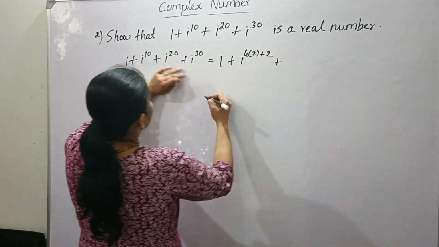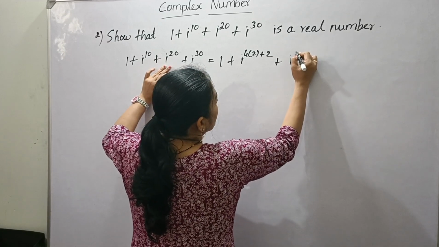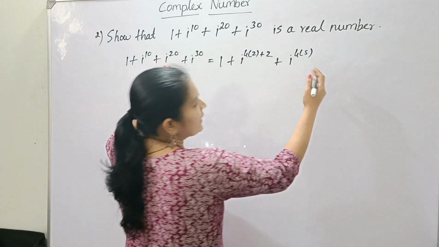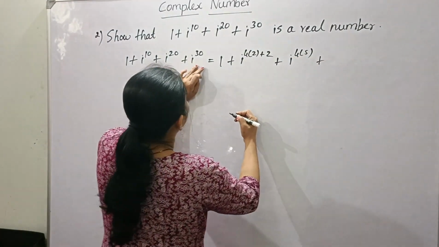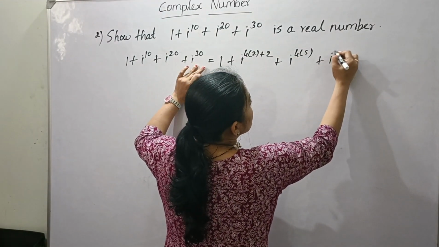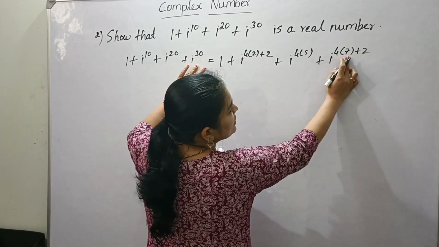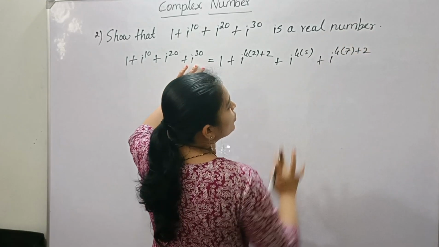Plus, here, i raised to 20 can be written as 4 into 5, remainder is 0. Plus, i raised to 30 can be written as i raised to 4 into 7 plus 2. 4 into 7, 28, 28 plus 2, 30.